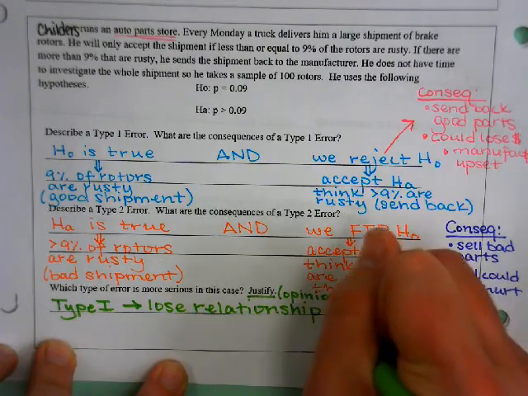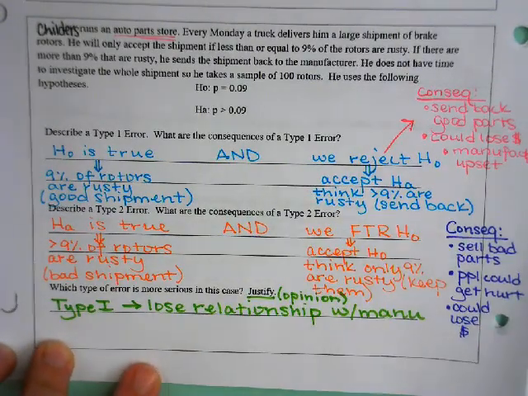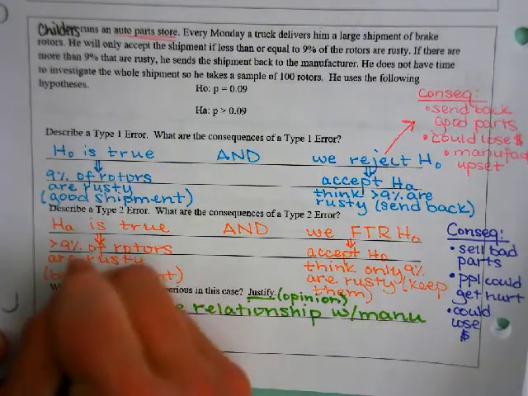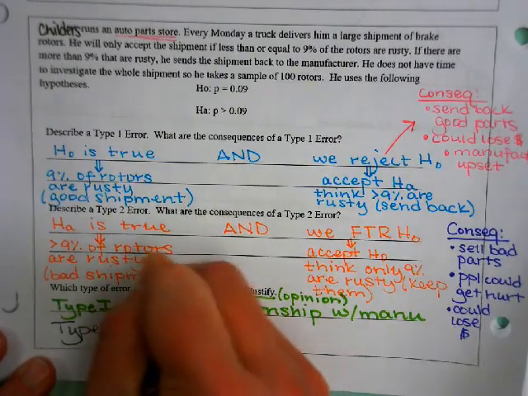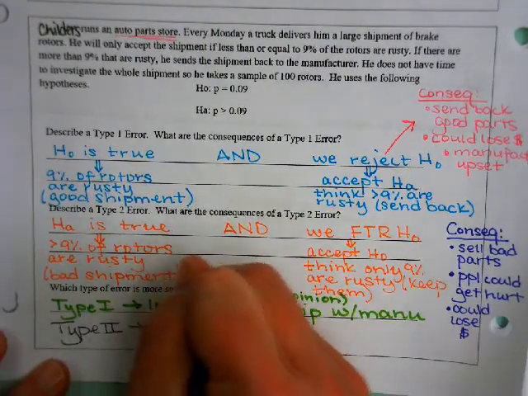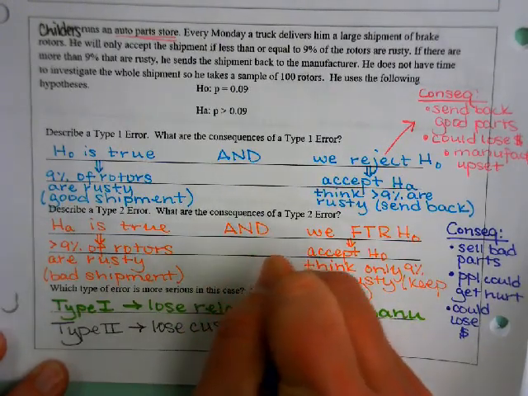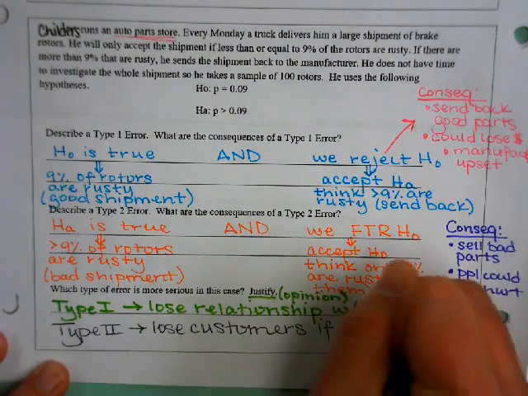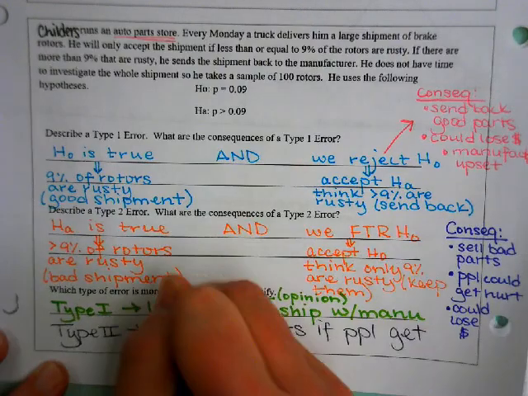And then Seth said type 2 because people could get hurt: lose customers if people get hurt. Any questions?